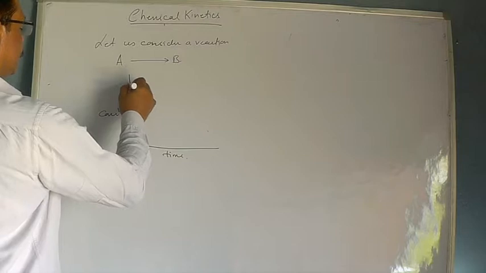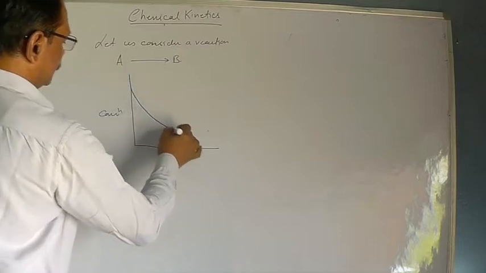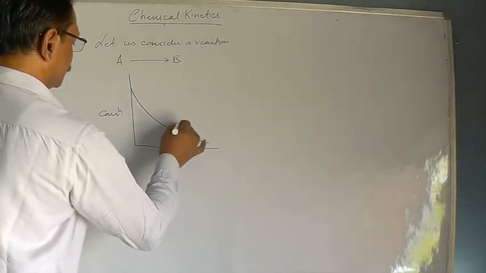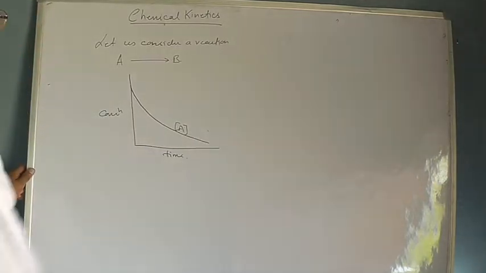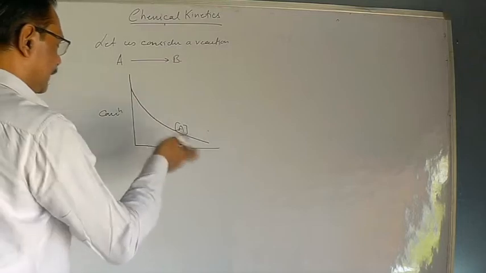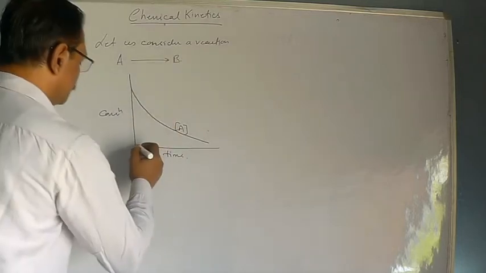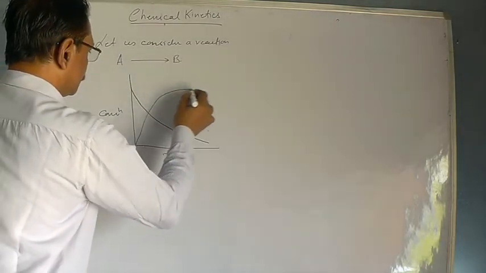This is molar concentration of A. Similarly, at the start of the reaction, product was 0, but as the reaction progresses, the concentration of B increases with respect to time.